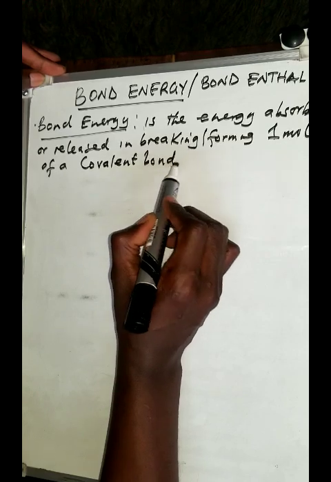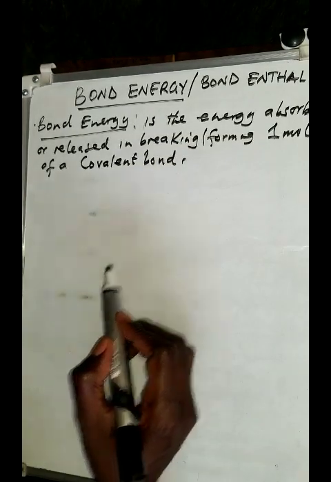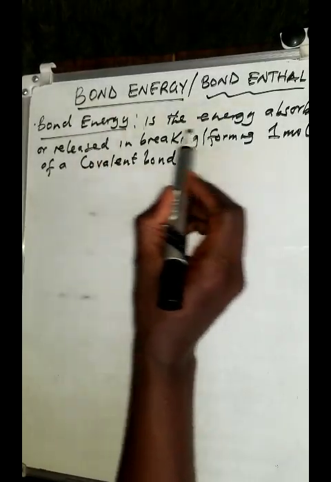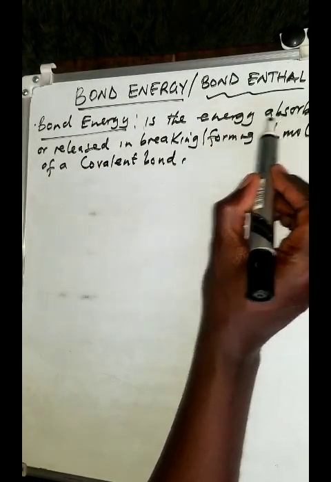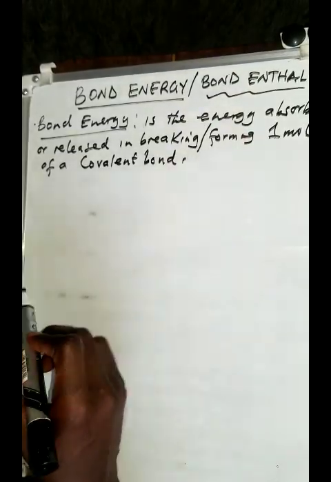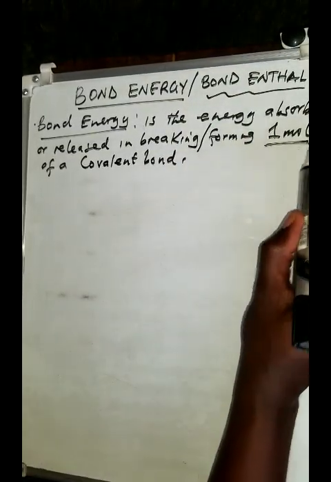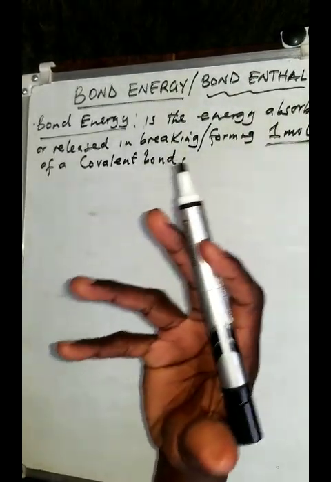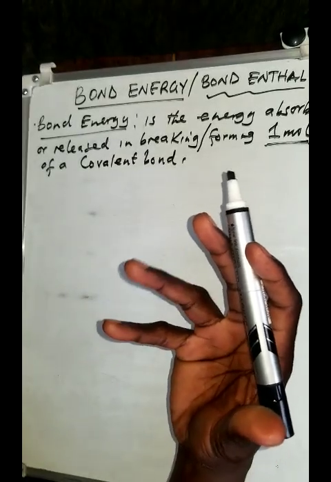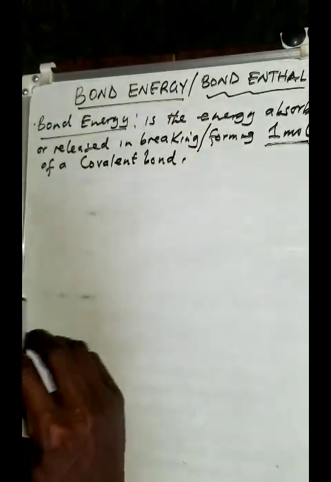So this is what we call bond energy, sometimes bond enthalpy. The key word is that you are looking at the energy that is absorbed in forming one mole of a covalent bond or breaking one mole of the same covalent bond.